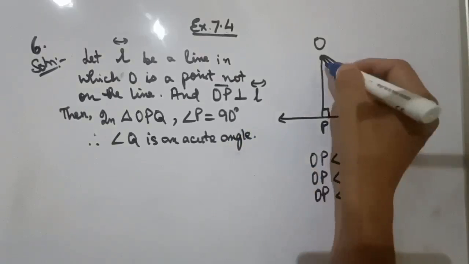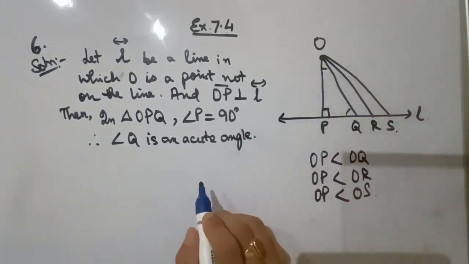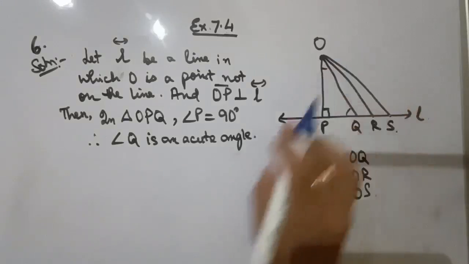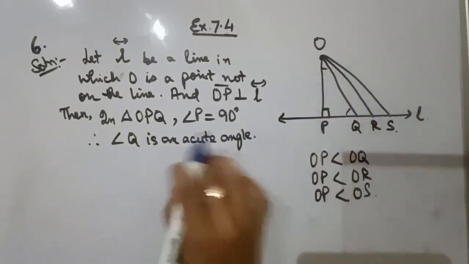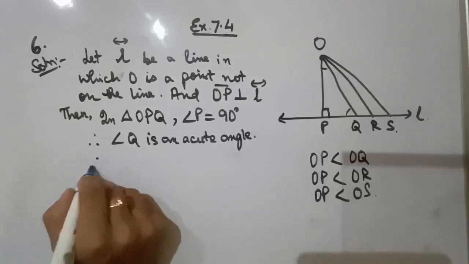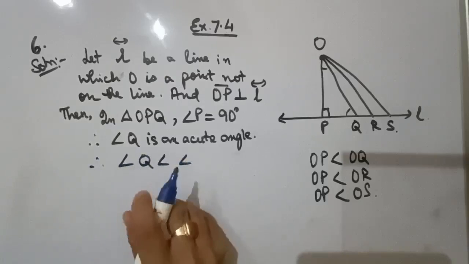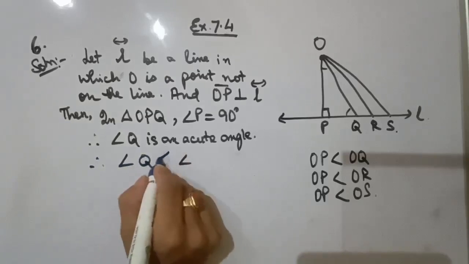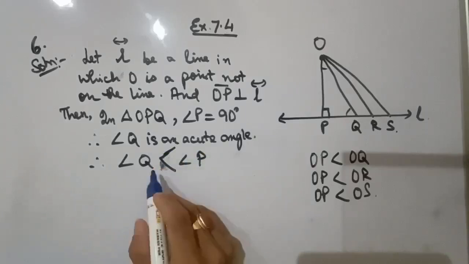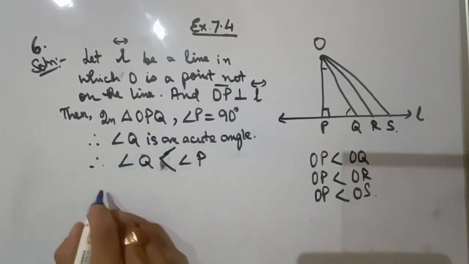Because the remaining two angles sum up to 90 degrees. So these two angles will be less than 90 degrees. So angle Q is an acute angle. Therefore, angle Q is less than angle P.